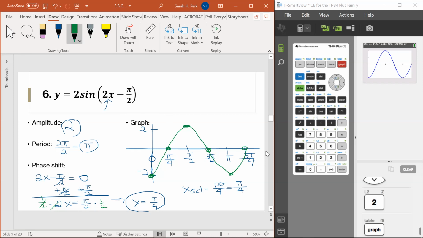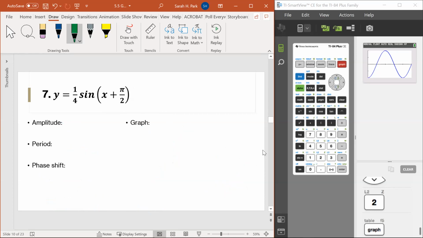Okay, we're going to take a look at number 7, 1/4 sine of x plus pi over 2. Here, the amplitude is 1 over 4. Period is 2 pi over b. B in this case is 1 because the number in front of x is 1. So it's just actually 2 pi over 1, which is 2 pi.